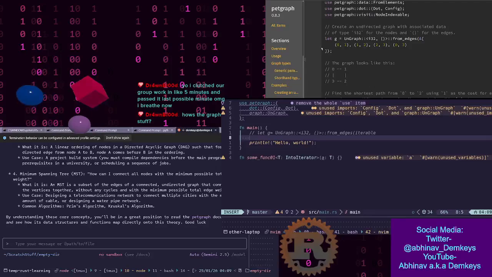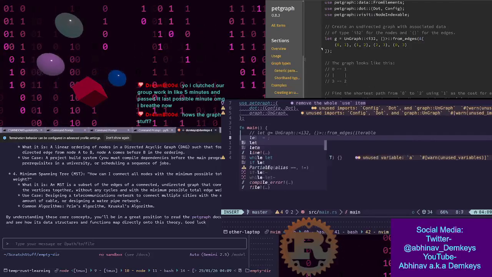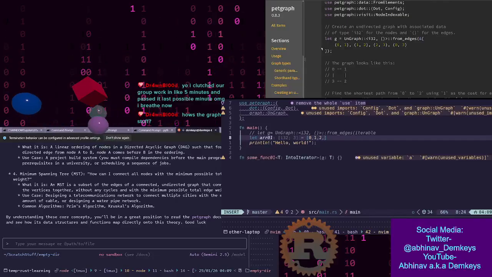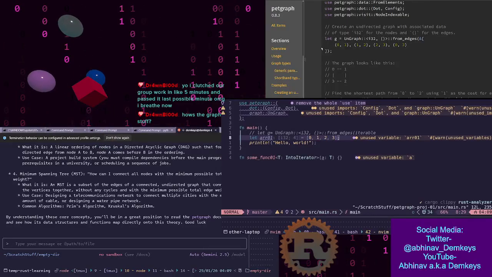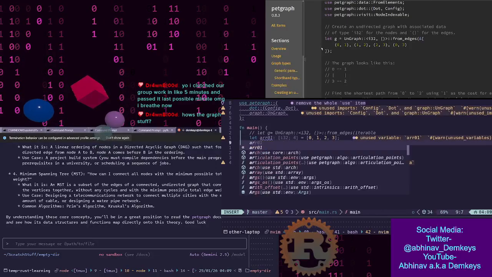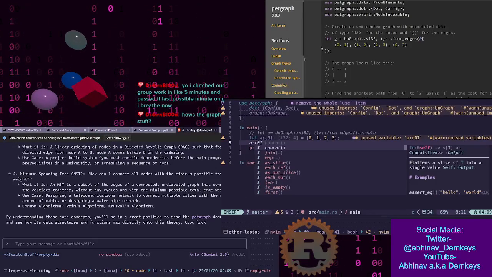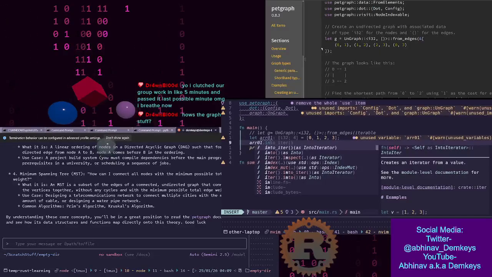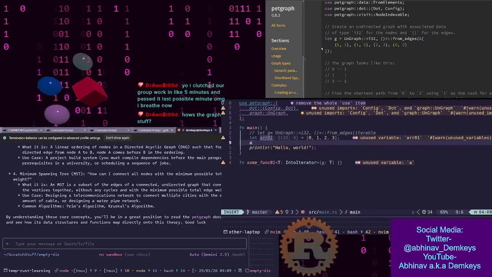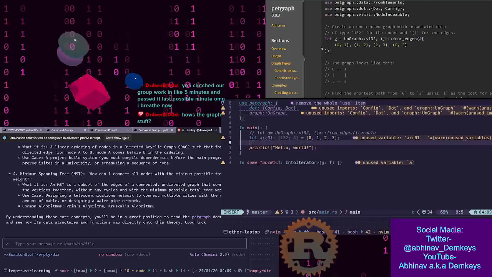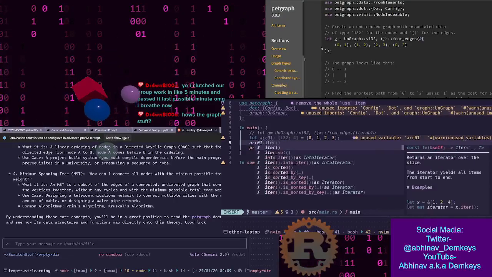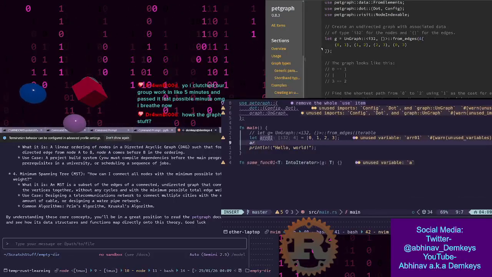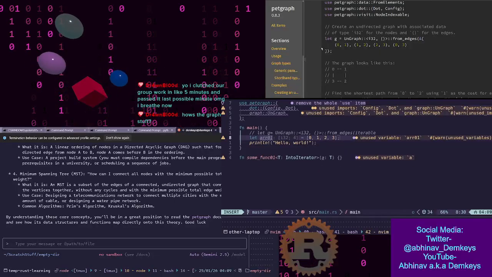Then here we will define an array and say this. Now let's see if I can do. Okay, yeah, that's why I can pass in into iterator. There might also be an iter, right? Then yes, there is. So I can just pass in this.